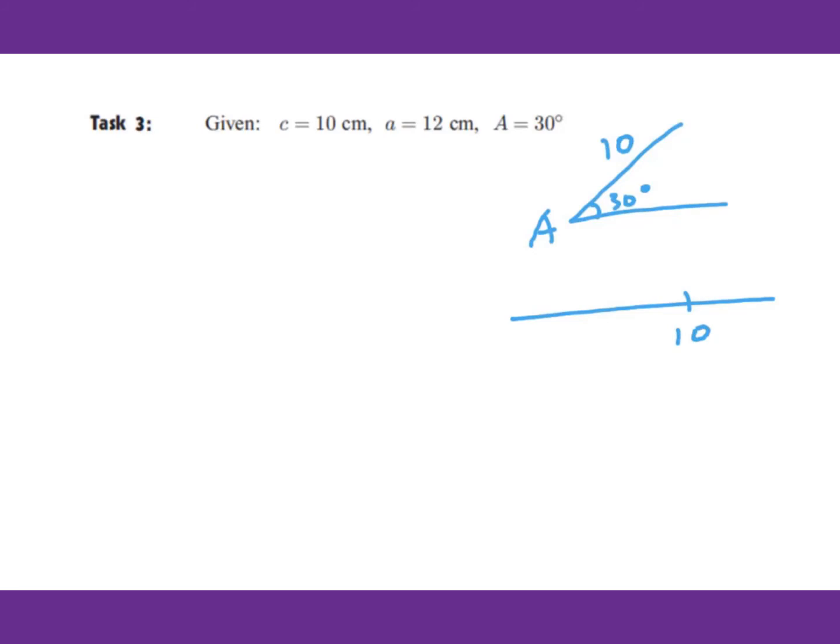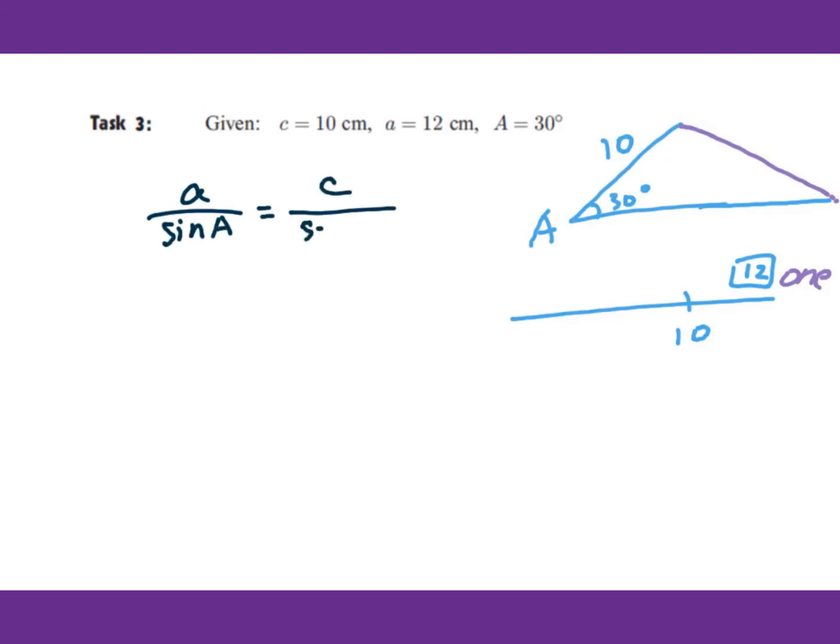A is 12, greater than 10. So only one solution. You can form only one triangle. So we got the A over sine A equals C over sine C. Plug in.